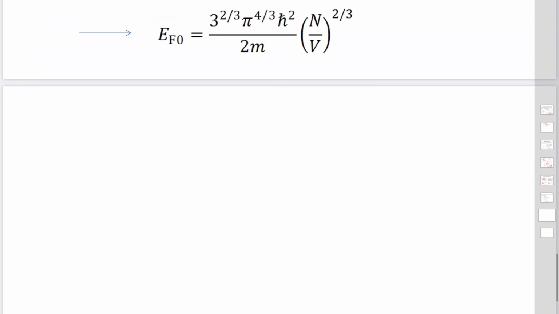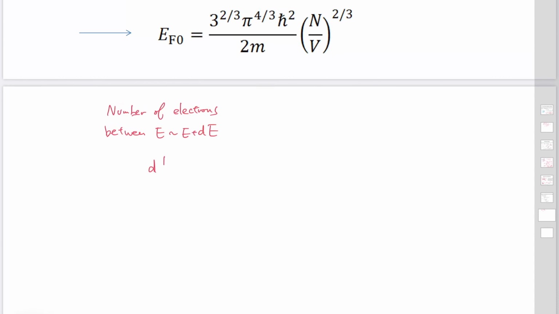Number of electrons between energy E and E plus dE.